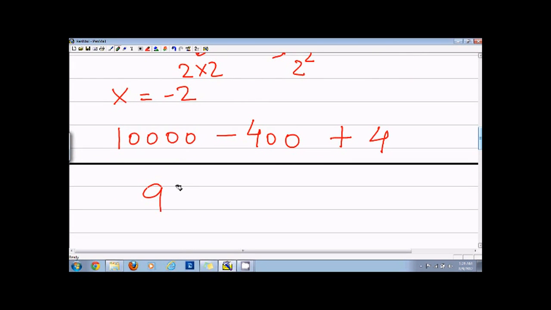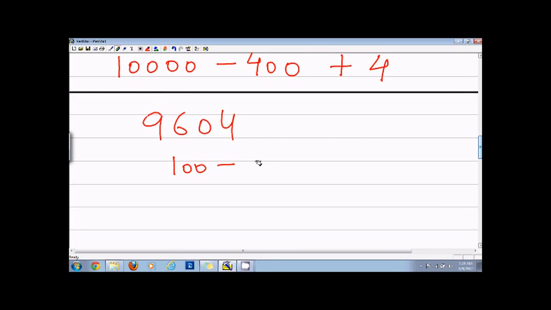So again here I have subtracted 2 into 2 from 100, so that is 96, and then 2 square is equal to 4, so that will be 9604. So this is how the trick works.